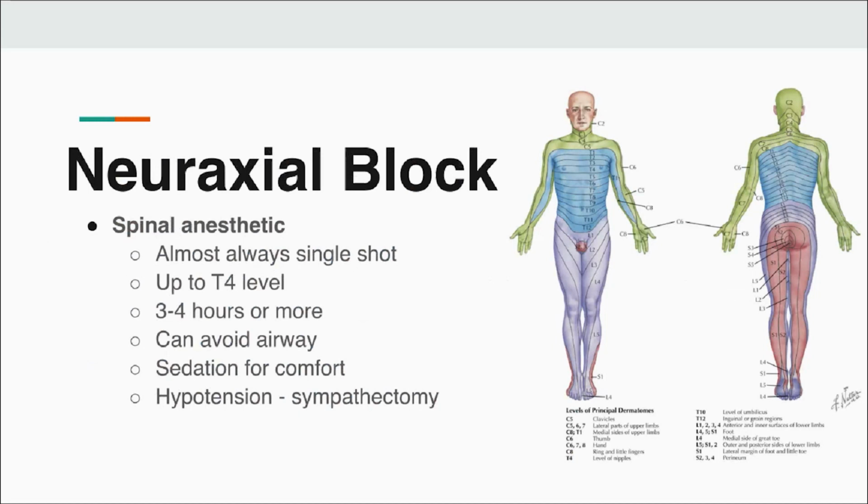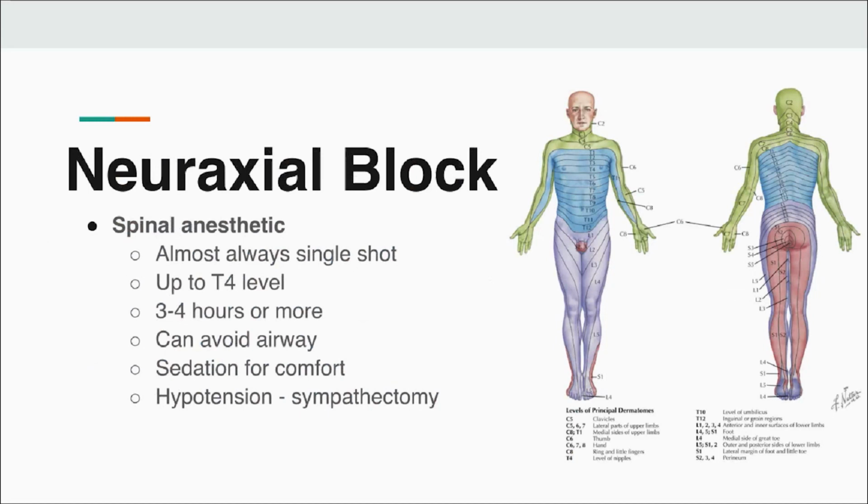And this allows us to avoid the airway. Patient is spontaneously breathing. They're not typically at risk for pulmonary complications afterwards. And it's a simple anesthetic for ortho procedures, sometimes urological procedures or gynecological procedures, in cases that we try to avoid the airway.